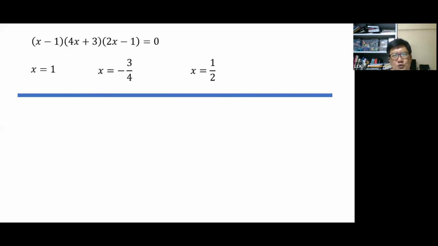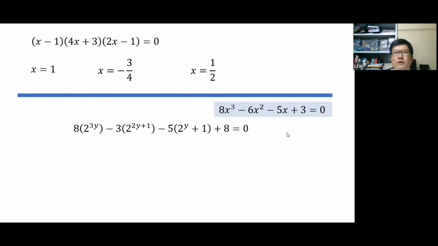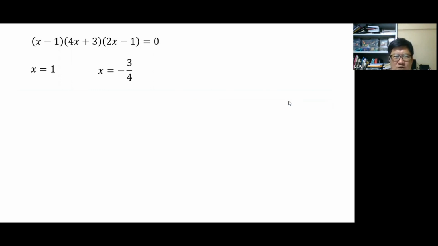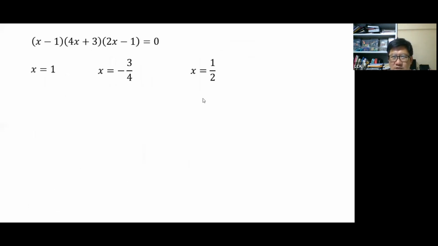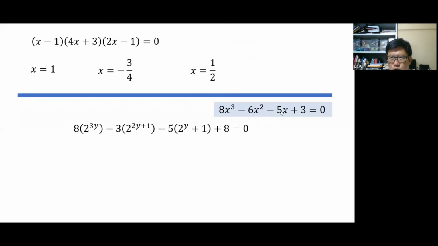Now I have to go on to the second part of the question, the hence part. So hence, after I've solved it, use my solutions to solve this bit. I have to put this at the back of my head. I really have to store this somewhere because I have to use the solution to this equation. This equation comes from there. I have to use the solution of this equation to solve this.